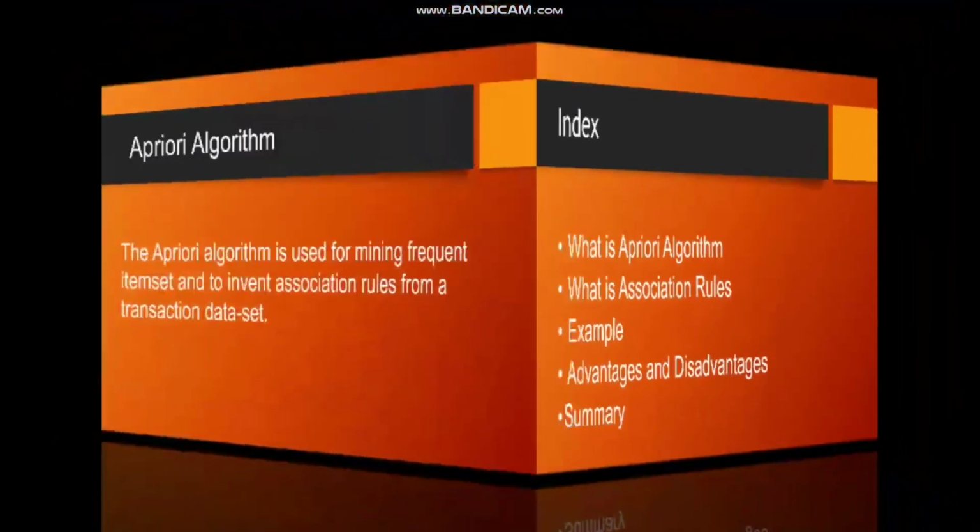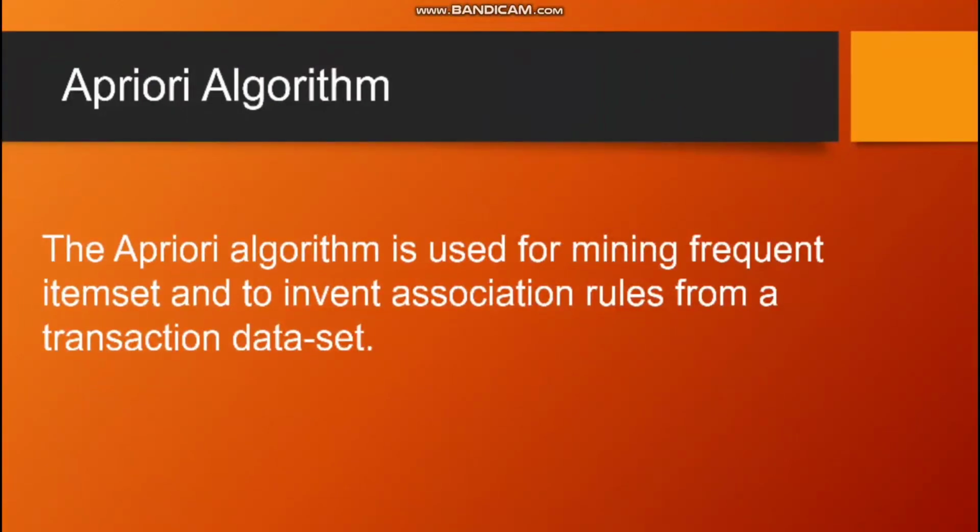Apriori algorithm is basically used for mining frequent item sets and to check association rules from a transaction data set. Suppose there is one person who is going to a supermarket, they will see so many offers going on, like buy one get one free.